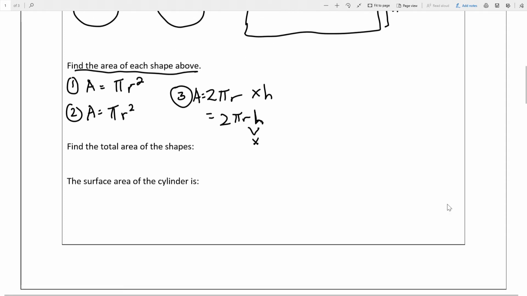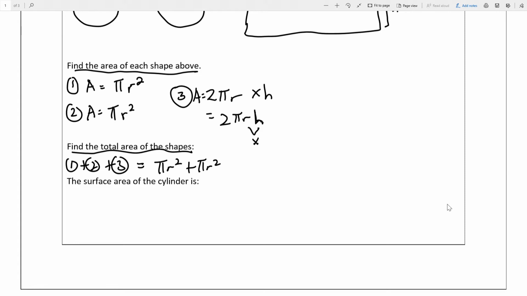Okay. The next step, we need to find the total area of the shapes. So 1 plus 2 plus 3. That'll actually give us the surface area. So it's going to be pi r squared plus pi r squared plus 2 pi rh. I'm just going to simplify this a bit more.